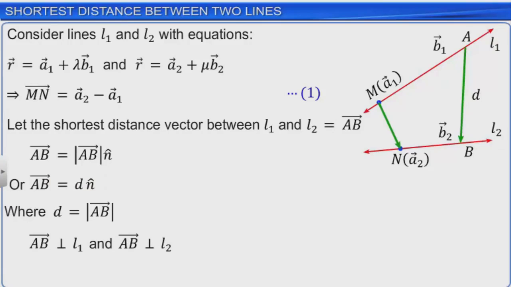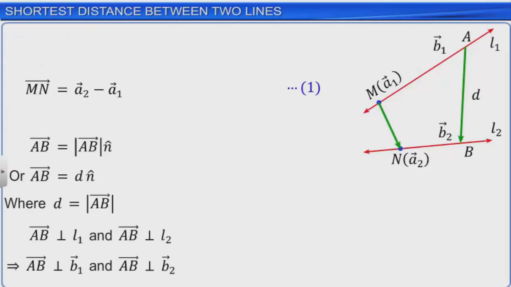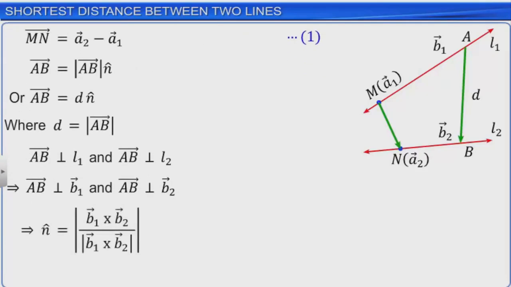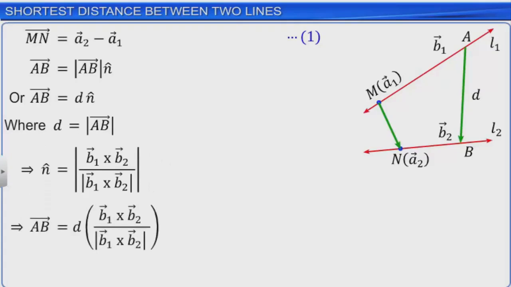This implies that vector AB is also perpendicular to both the vectors B1 and B2. Thus, unit vector n in the direction of AB is equal to the cross product of vectors B1 and B2 divided by the magnitude of their cross product. Substituting this value of unit vector n in the equation for vector AB, we get equation 2.